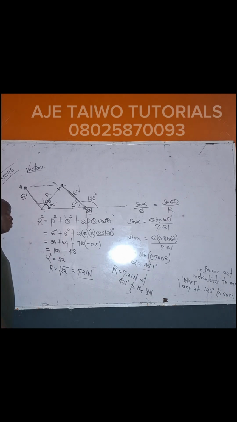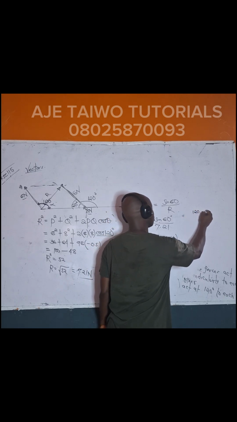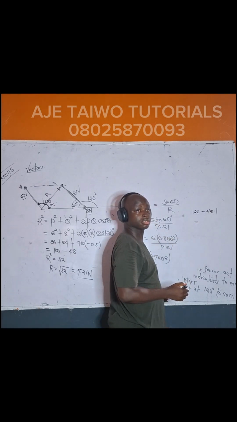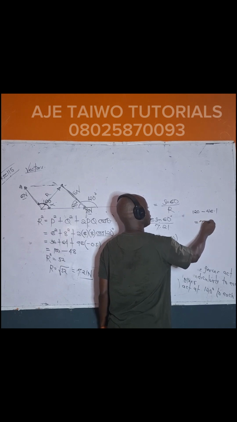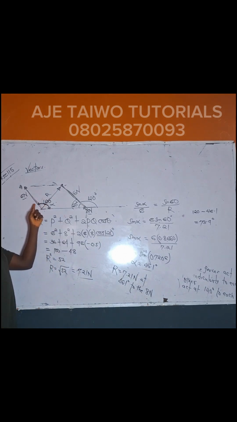So what angle is your R making with the 6 Newtons? 73.9. That's 120 minus 46.1. Answer, 73.9 degrees. Good. That's the angle it's making with 6 Newtons.